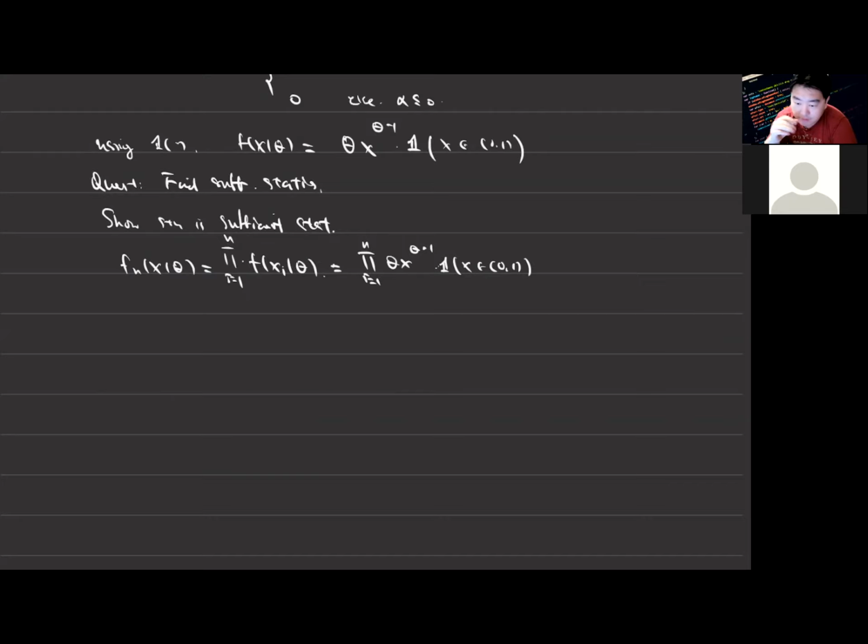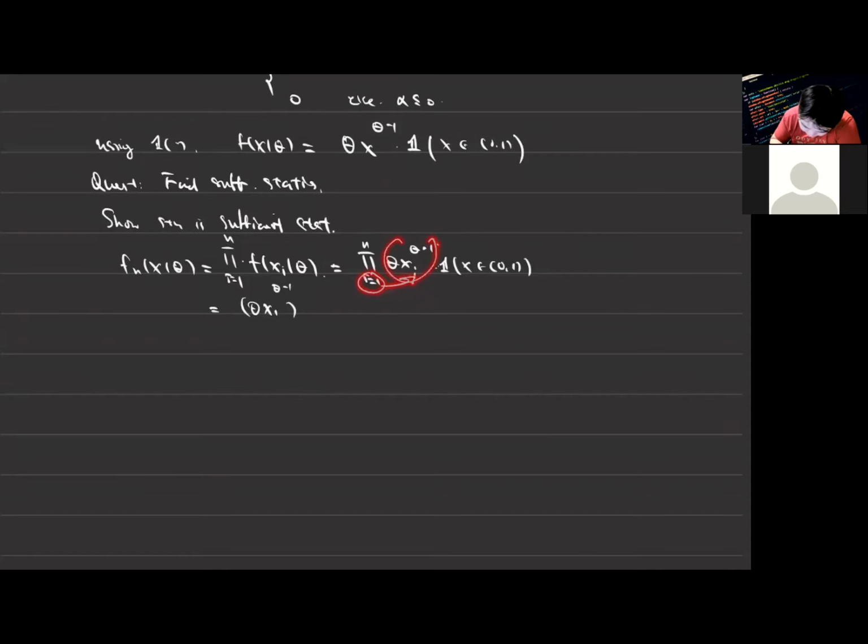Now we have all the pieces of information. Let me not forget this index i, that's important. And we can essentially work on the math. The n terms multiply together. Let me write it out very clearly. That's theta x_1^(theta-1), because I set i equals 1 and plug in here.